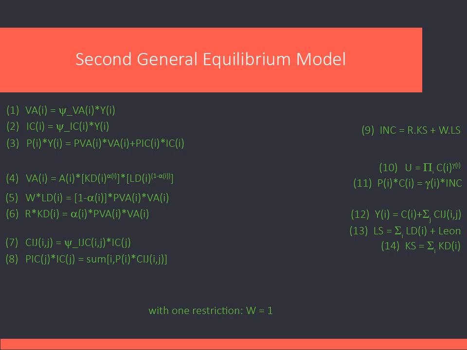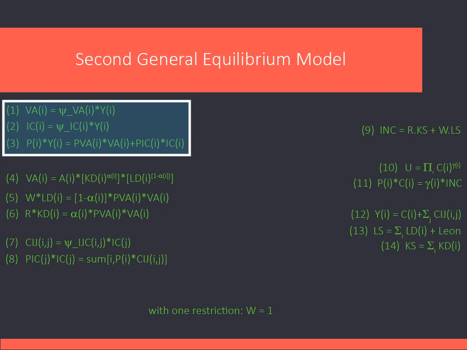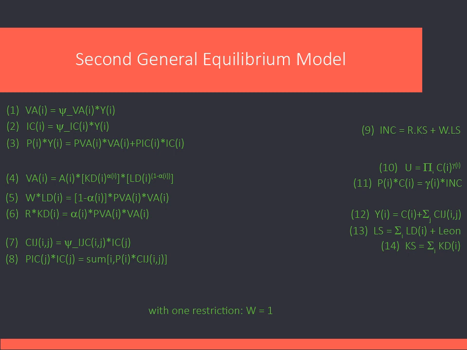The first one is about the Leontief at the first level of the production tree. The second block is about the Cobb-Douglas at the second level of the production tree. The third block is on the Leontief at the second level of the production tree.